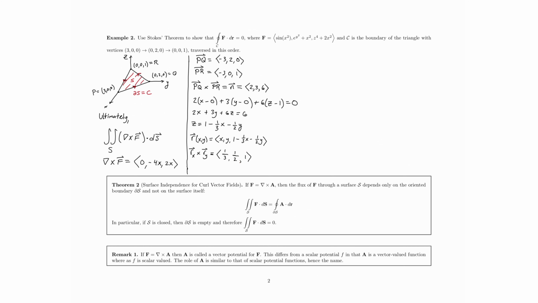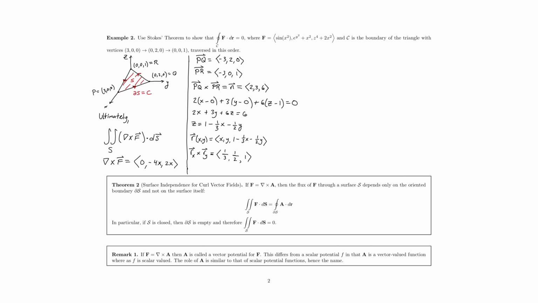So notice here, what should our normal vector actually look like over here? Should our surface be oriented upward like this, or should it be oriented downward like that? Well, think about this. Remember that we talked about how an orientation on the boundary determines an orientation to the surface. So if you think about this, consider on this boundary, that's our orientation.